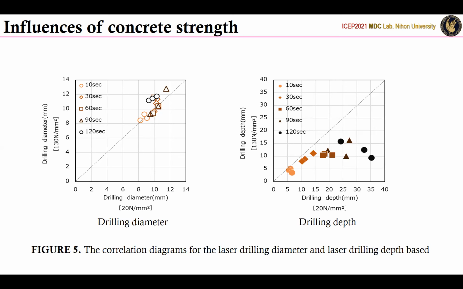That is, the surface part does not differ due to the difference in strengths, and almost the same diameter can be obtained. On the other hand, in the case of drilling depths in this graph, there is a correlation up to a depth of 15 millimeters.